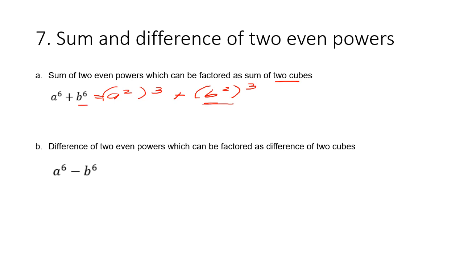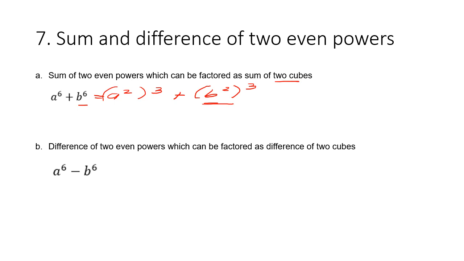Now, with this one here, according to what we have learned previously, if you have this kind of values here, we can use the sum and difference of two cubes.